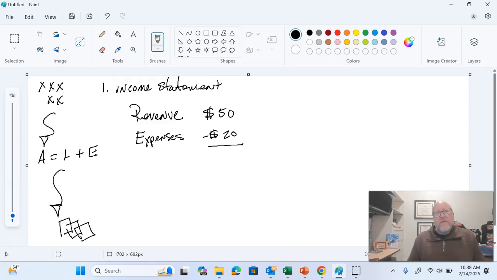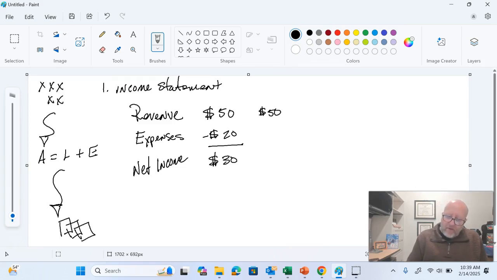The difference between the money that I get from a student from selling my hoodie, the revenue, relative to the money that I spent making the hoodie, my expenses, is what I refer to as net income. And net income is something that most lenders want to know. Are you making money?